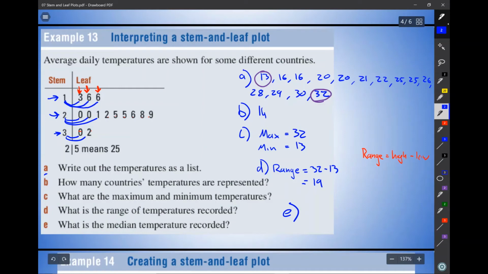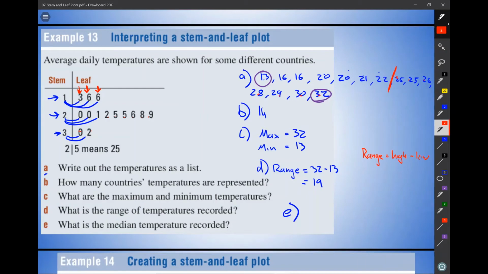And the median temperature record, we need to count. There are 14 total scores, so the median score is going to be in between the 7th and the 8th score. So let's count that up. 1, 2, 3, 4, 5, 6, 7. The median will be here because there are 7 on that side and there are 1, 2, 3, 6, 7 on this side.